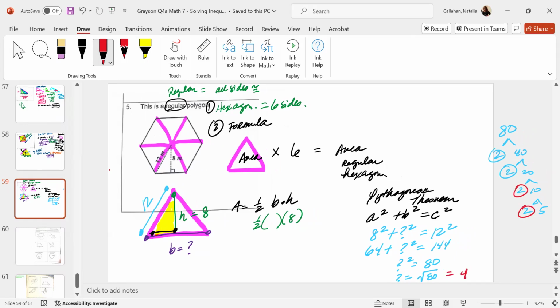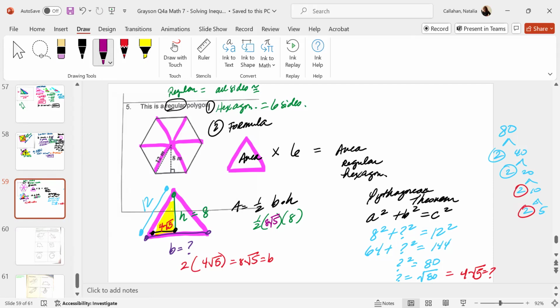So this will be 4 square root 5. So this part right here is 4 square root 5, right? Isn't this base going to be 2 times 4 square root 5 because there's 2 of them? Yeah. So it's 8 square root 5 is your B, correct? Plug that in.